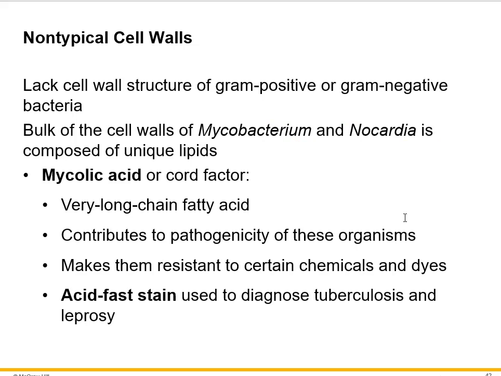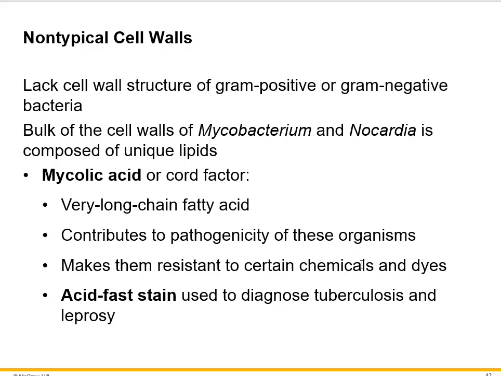Non-typical cell walls lack the cell wall structure of gram-positives or gram-negatives. They still have some peptidoglycan, but they also have this mycolic acid or cord factor, which consists of very long fatty acid chains, and it makes them more pathogenic.